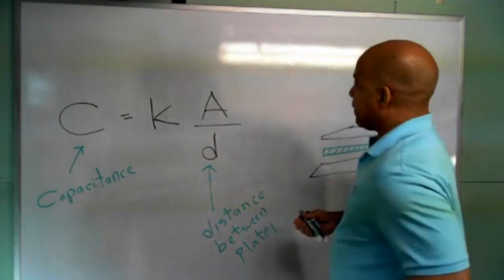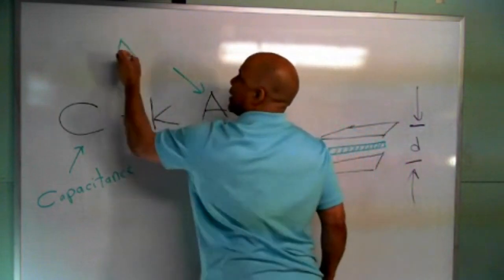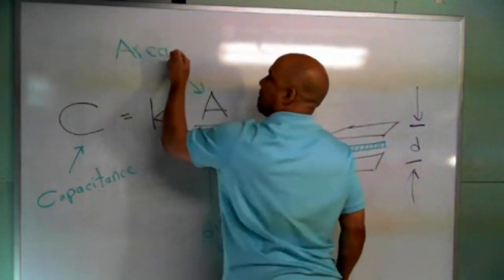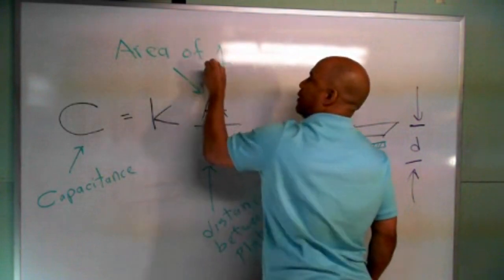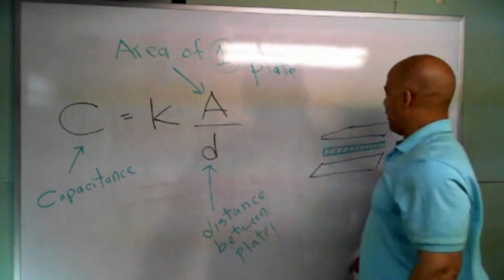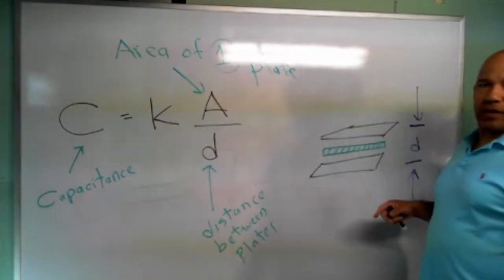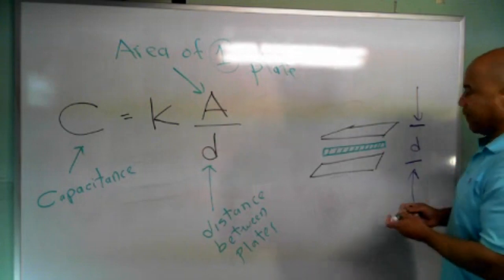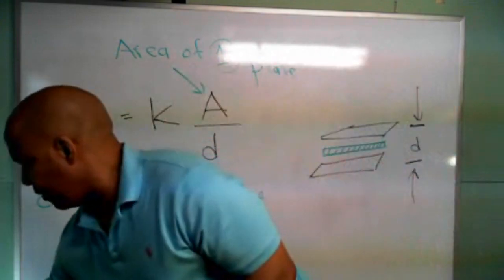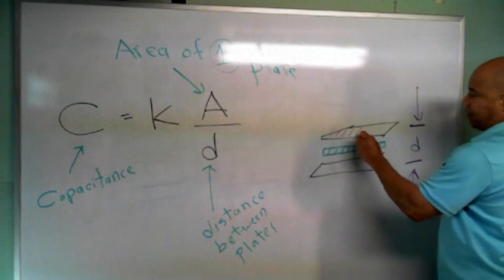This A, that's the area of one plate. The area of one of the plates. Now in this parallel plate capacitor, we'll assume that the areas are the same. A would be like the area of one plate. So this area here, I'll shade it in.